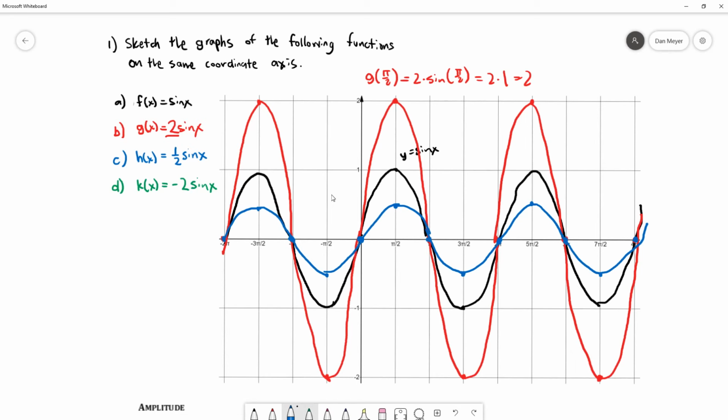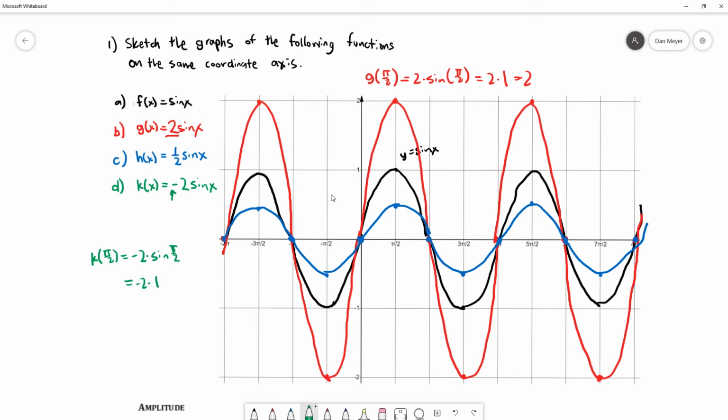In addition to stretching it out by a factor of 2, this minus sign means we're going to have to flip things across the x-axis. So for instance, k of pi over 2 would be negative 2 times sine of pi over 2, which is negative 2 times 1.